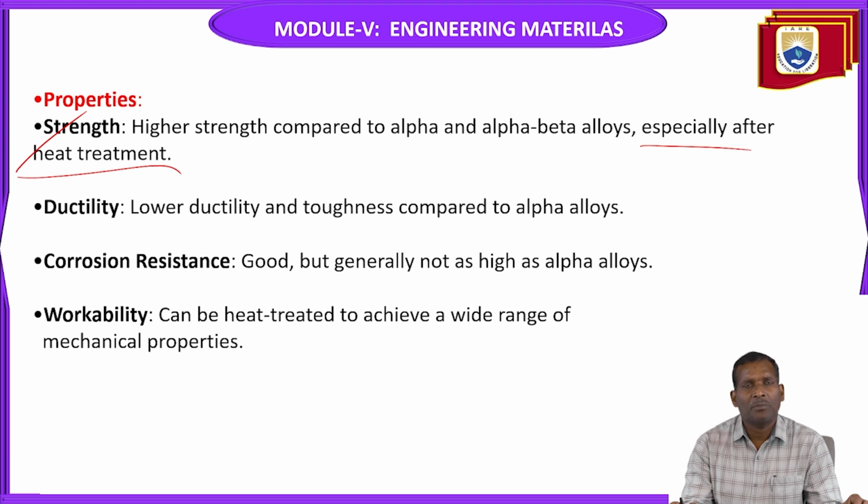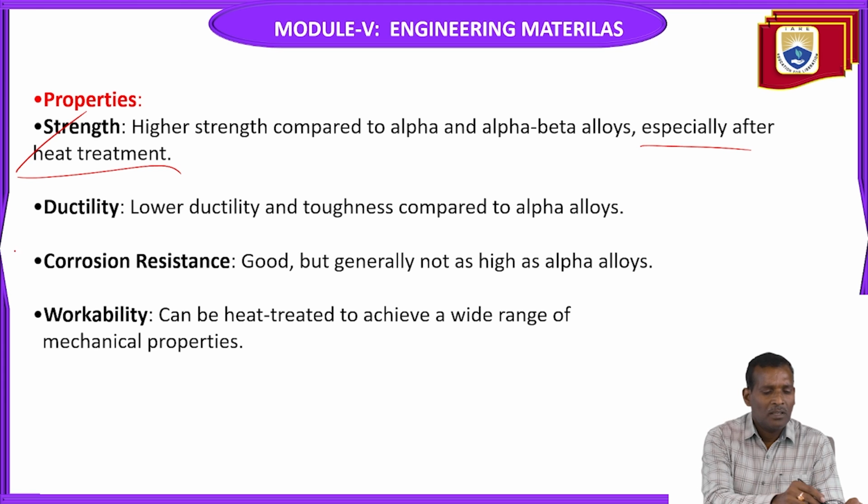In heat treatment, there are different treatment processes: nitriding, carburizing, annealing, normalizing. After the heat treatment, you can enhance the properties of the material. Here also the beta alloys have good strength when compared to the alpha and alpha-beta alloys.